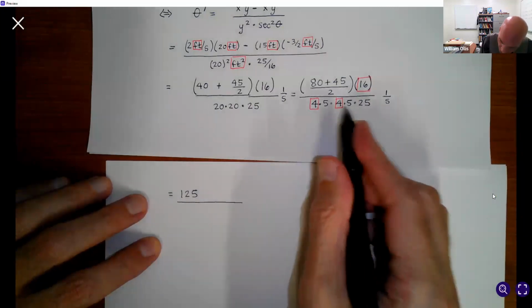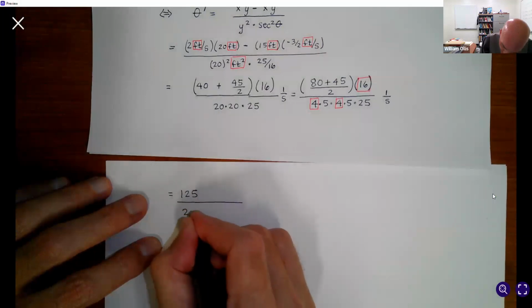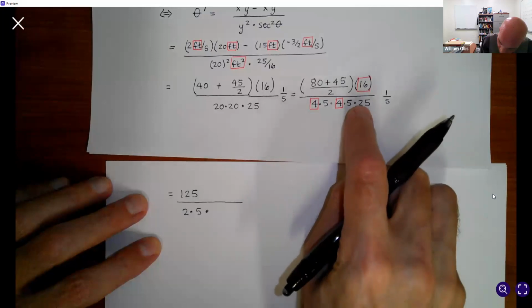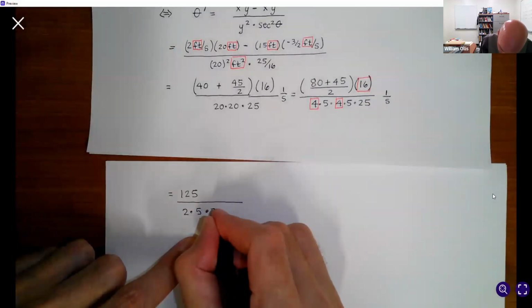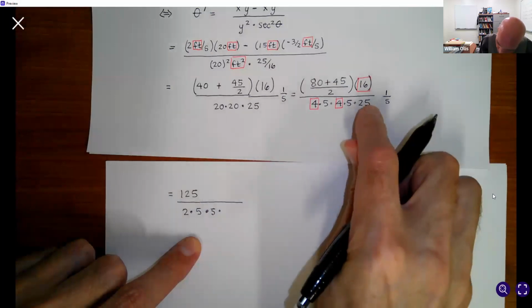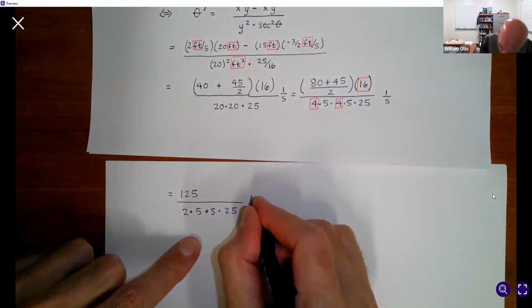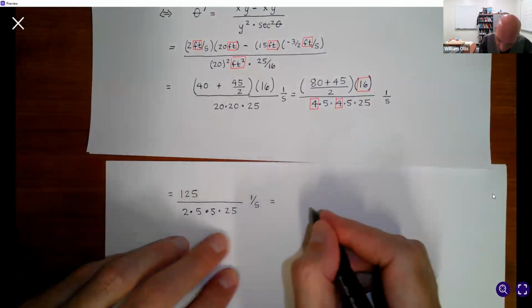And then downstairs, of course, we have the new copy of 2. So we have 2 times the 5 times, again, we've got another 5 here. Let me write that in. And then we have the 25. And this is 1 over second. Those are our units.